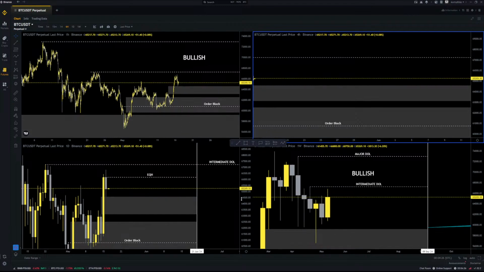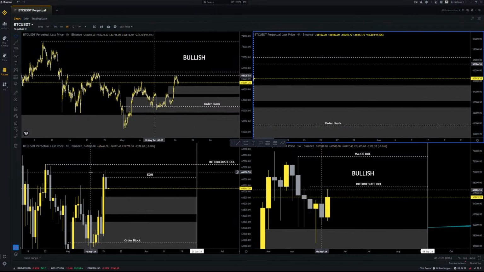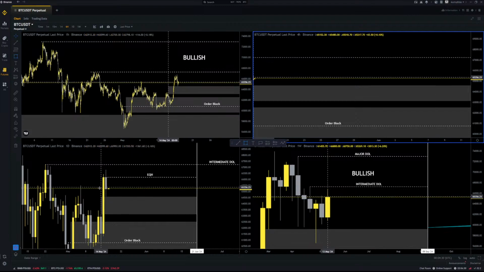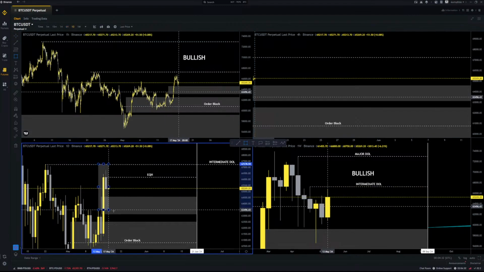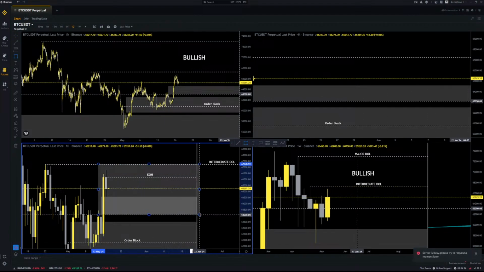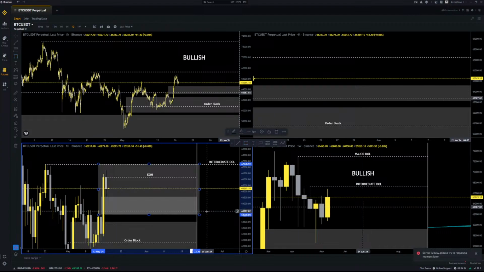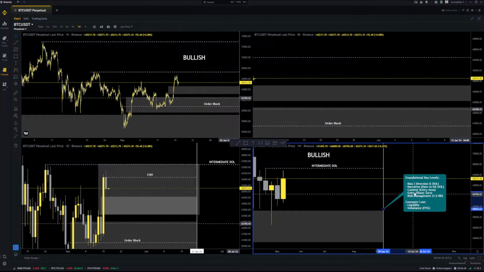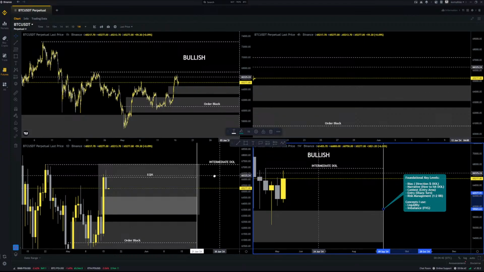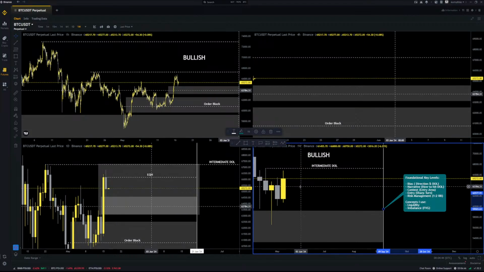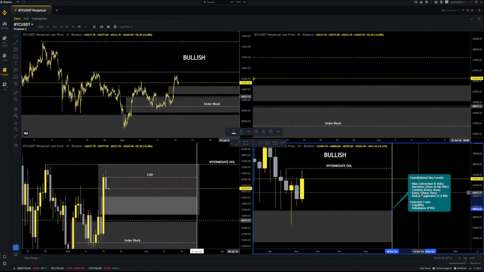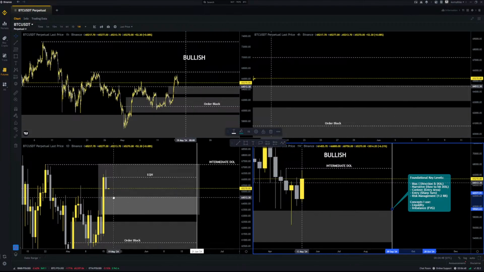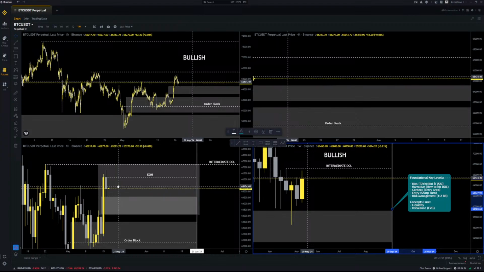This is our narrative actually. This area is a narrative area. As I told you, if you check right here, it is how to hit the draw on liquidity, which is an intermediate draw on liquidity. So the narrative is this area. We need first to tap or fill the imbalance before pushing higher.